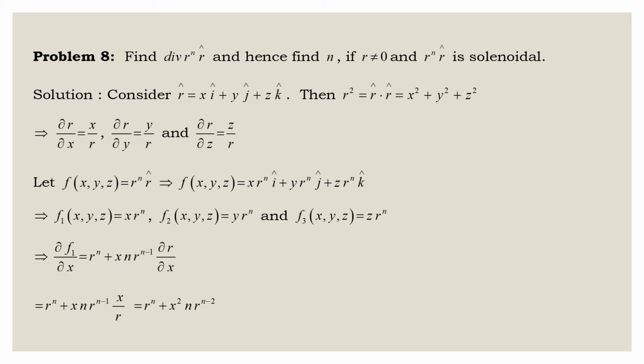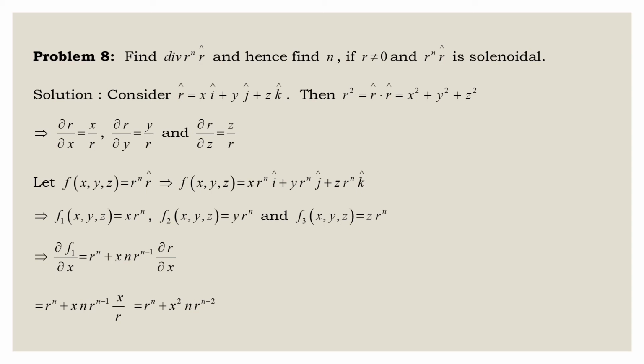As soon as we have a vector field, we need to write its component functions. To do this, let us suppose that f of x, y, z equals this vector field r^n r cap. So f of x, y, z equals r^n r cap equals r^n x i cap plus r^n y j cap plus r^n z k cap.